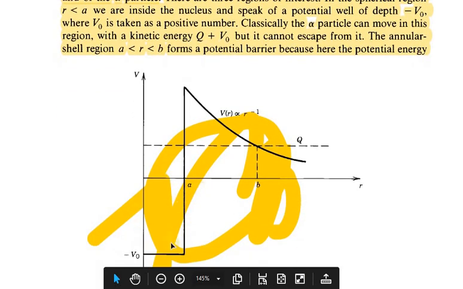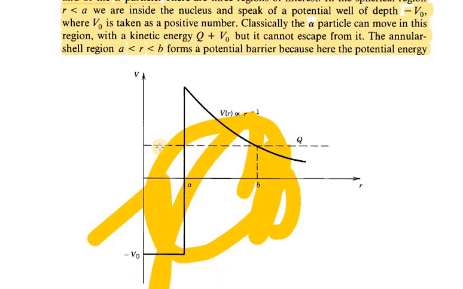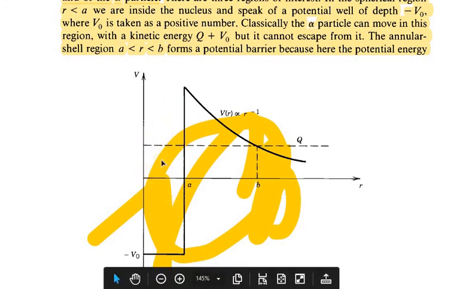V0 is taken as a positive number. Classically, the alpha particle can move in this region with kinetic energy Q plus V0, but it cannot escape from it. Classically, the alpha particle cannot escape from this potential well.